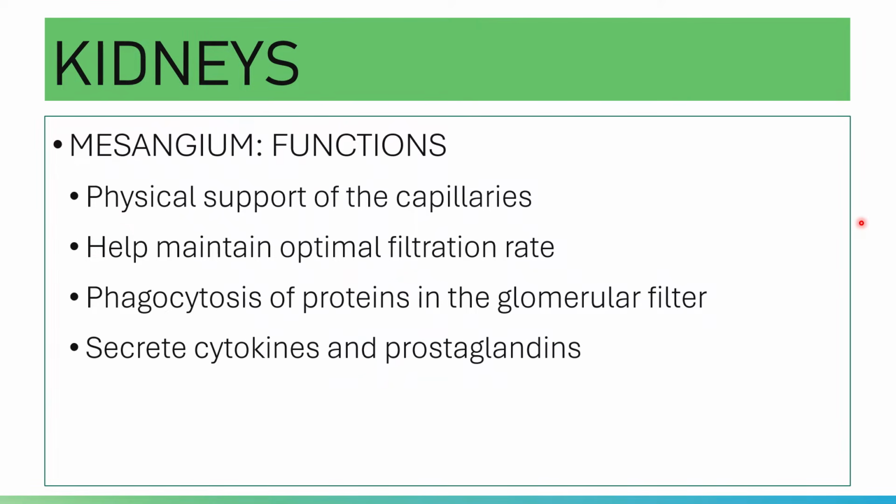What are the functions of your mesangium? They provide, of course, physical support to the capillaries within the glomerulus. Adjusted contractions of the mesangium, since they are pericyte-like, will help maintain an optimal filtration rate in case there are blood pressure changes.